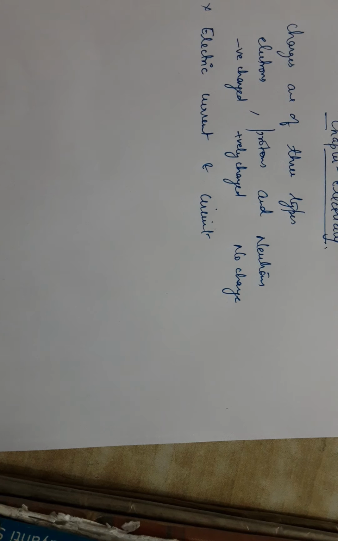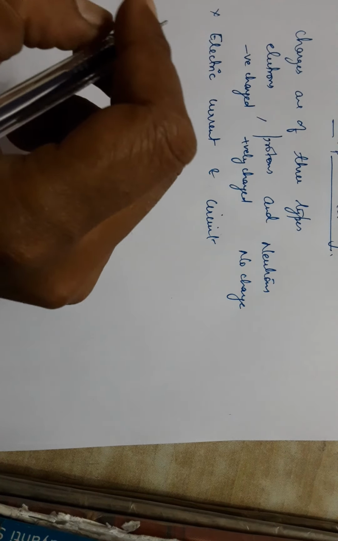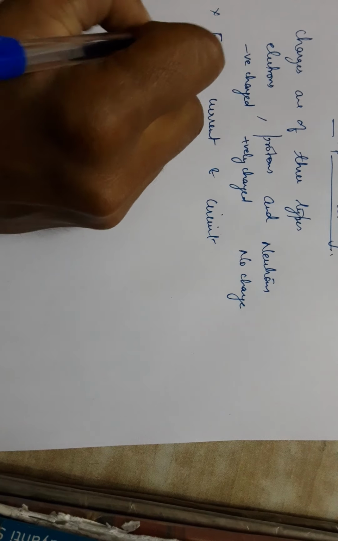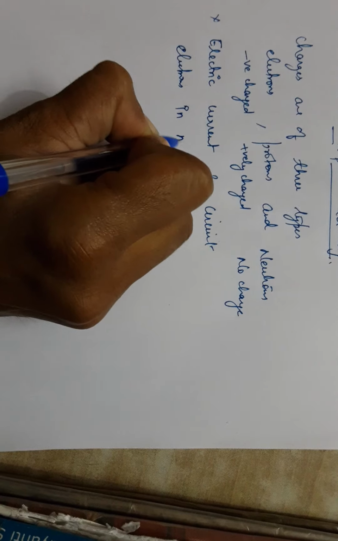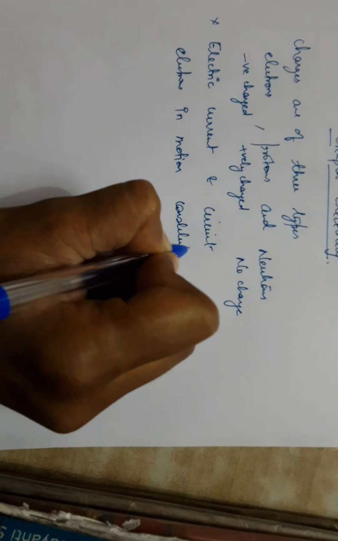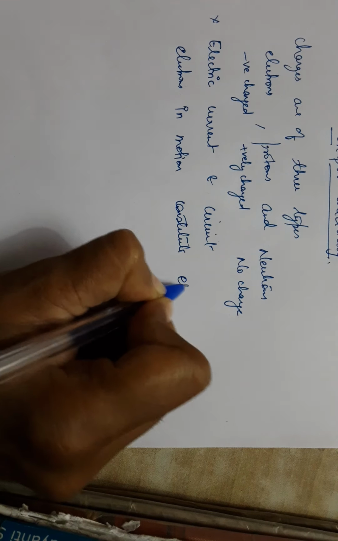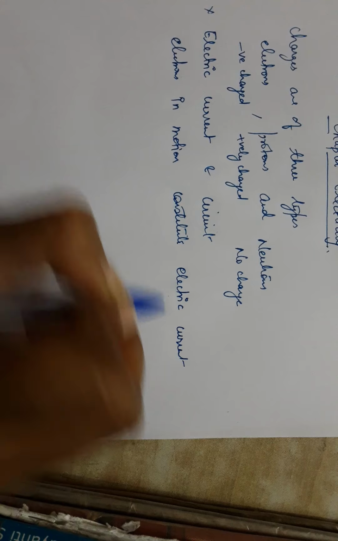Electric current, basically electrons in motion constitute electric current. As I have told you, charges are of three types, which are electrons, protons and neutrons.